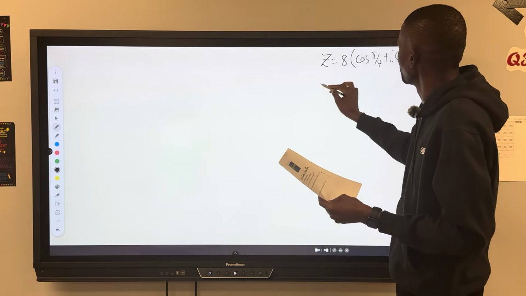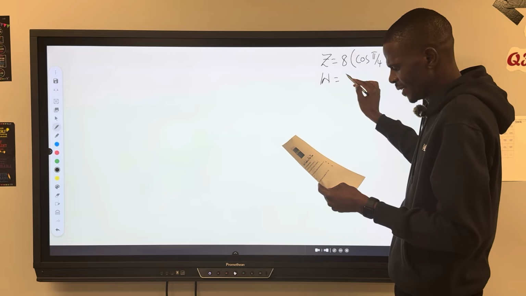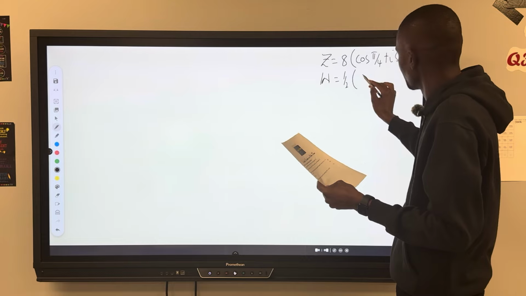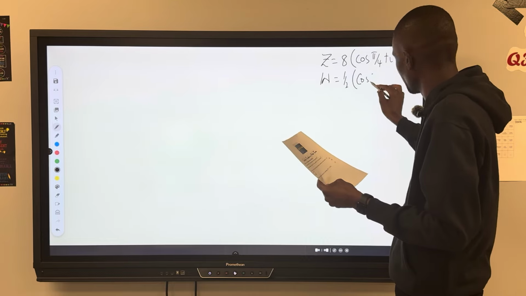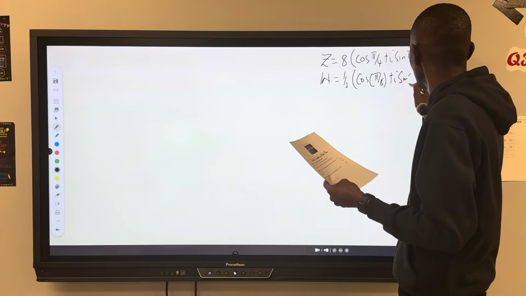Then my w has modulus 1/2, then cos of my angle, pi over 8, plus i sine pi over 8.